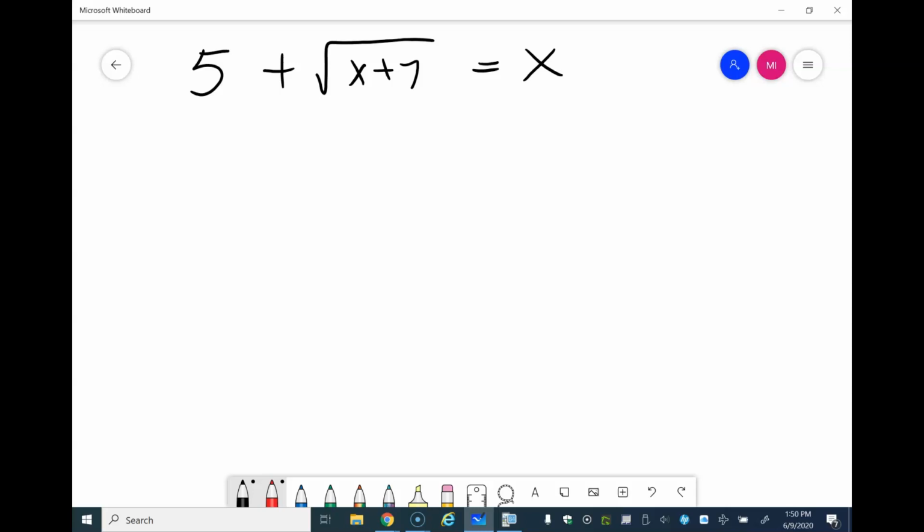So what some of my students usually do is they'll put a square here, a square here, and a square here. I'm putting it in red because this is a no-no. Don't do this and don't copy this. They'll say 25 plus x plus 7 is equal to x squared. That is such a no-no, and when it comes to math, illegal. Don't do it. So let's get rid of all this stuff.